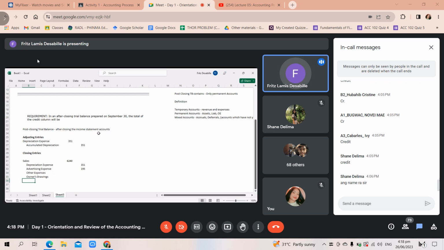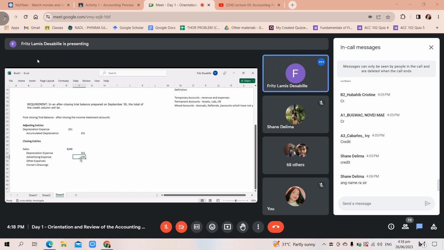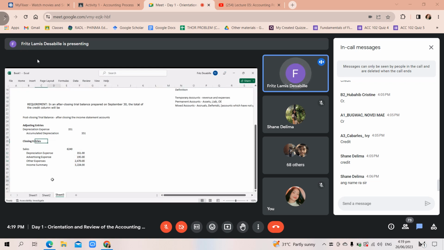So it is also closed. The other expenses is 2,470. So I should not put it in income summary yet, later. Okay, income summary. Okay, it was wrong. So the income summary is 3224. Compute the amounts, guys, so you can keep up with the closing.